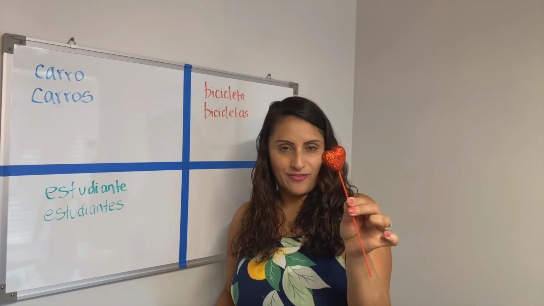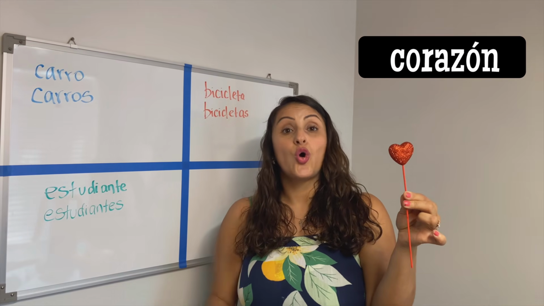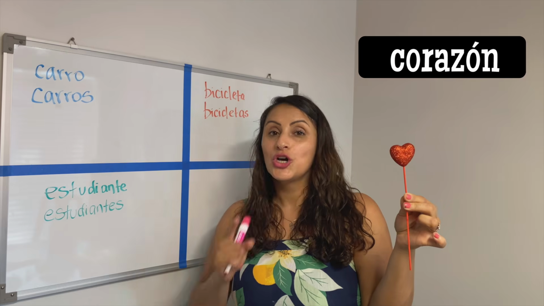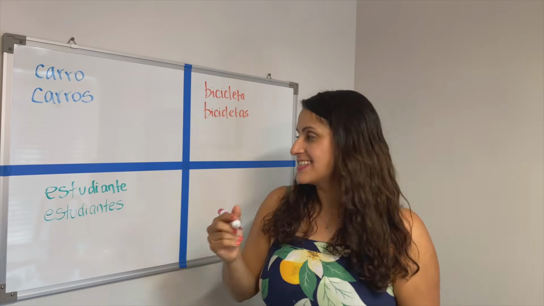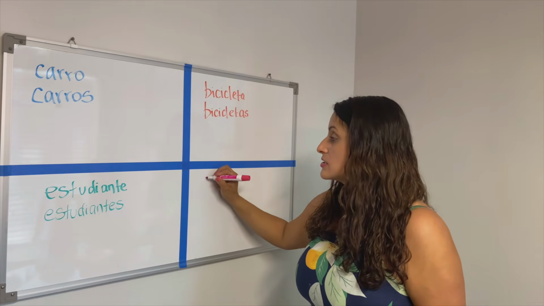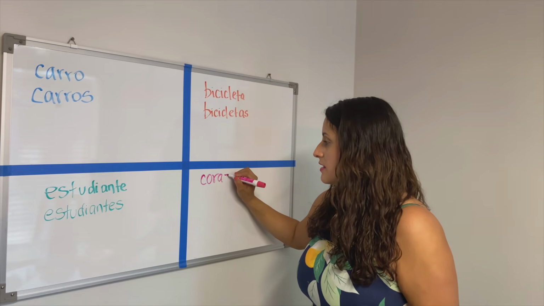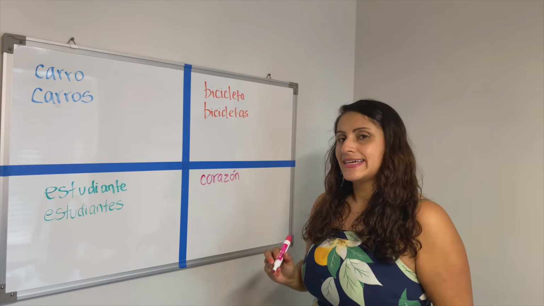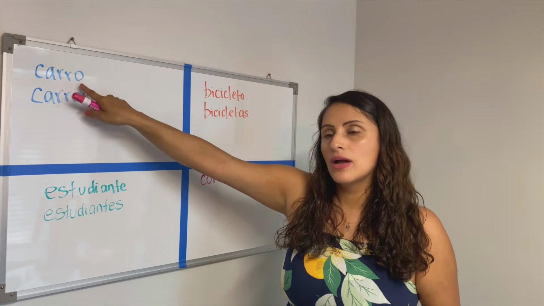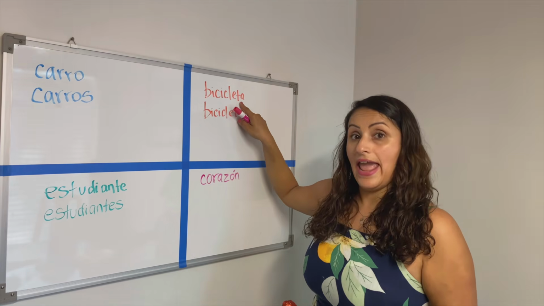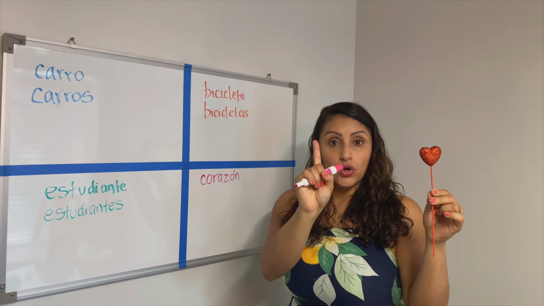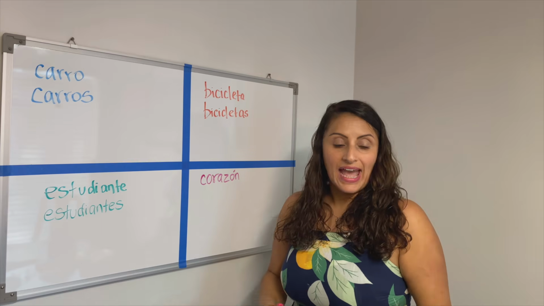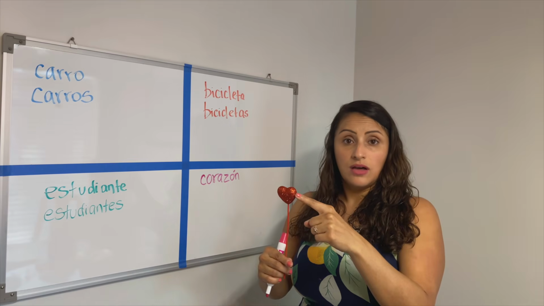Remember in one of the cafecitos we talked about corazón? Corazón. Excellent. So let's look at that one because corazón doesn't end in an O, it doesn't end in an A. So we have un corazón, but what if we had multiple of those?